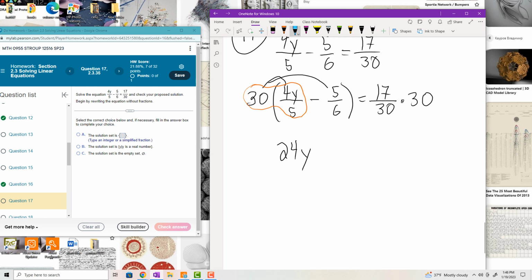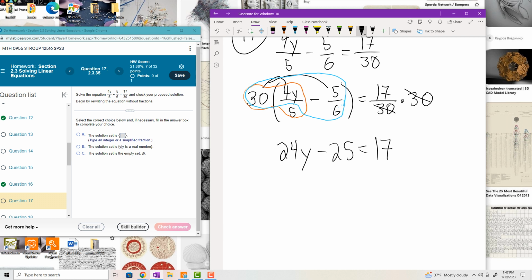The second multiplication, 6 goes into 30 5 times, and then 5 times 5 is 25. So you get minus 25. On the right side, the 30s will divide out, and you're just left with 17.